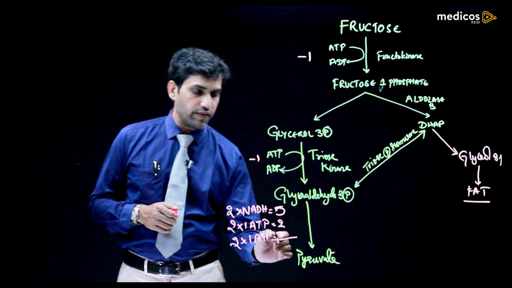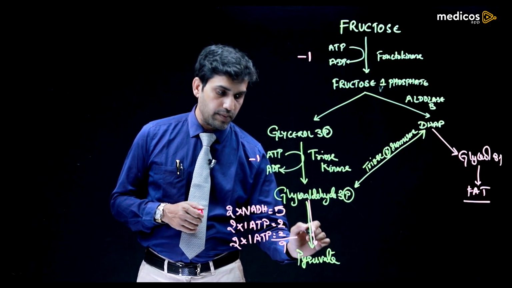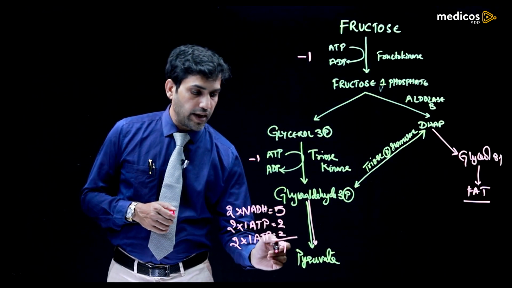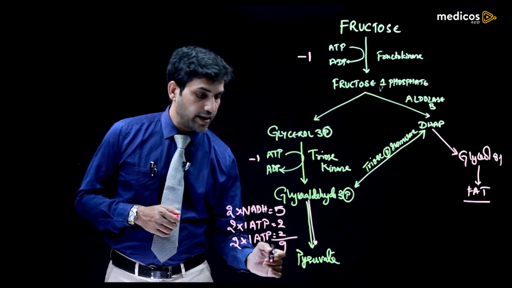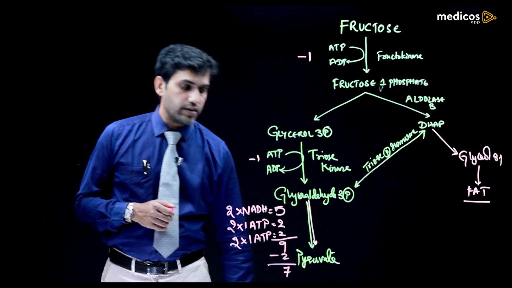So, a total of 9 ATPs are formed from glyceraldehyde to pyruvate. 9 minus 2 is 7. So, the net production of ATP is again 7.